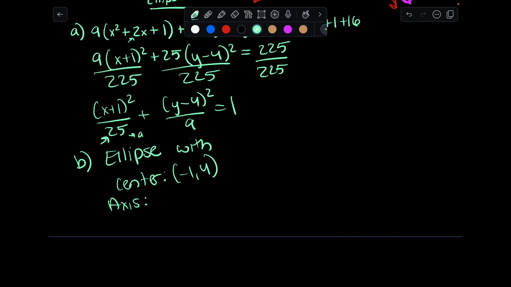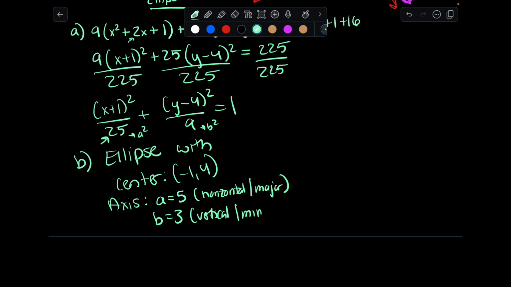And this is a squared, so a is equal to 5, the distance from the center to the horizontal vertices. So it's horizontal, and it's also the major because it's larger. And then b squared means the vertical distance from the center is 3. So this is vertical, and it's minor.